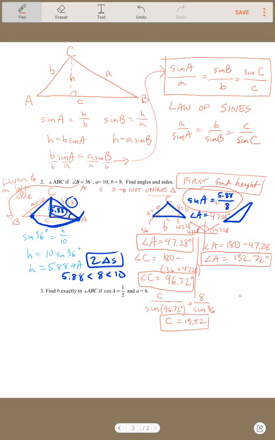We just repeat the procedure now. We just need to find angle C and side C again. So just like last time, we know that a triangle is made up of 180 degrees. So angle C must be 180 minus, we know that angle B was a given 36 degrees, and we also know that now angle A is 132.72 degrees. So let's just enter that into our calculator.